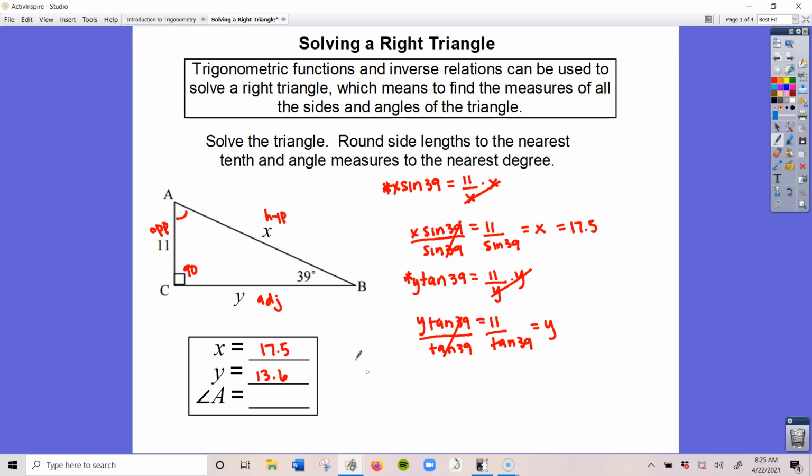So to solve for A, I can add these two together, 90 plus 39 plus the measure of angle A is going to equal 180. 90 plus 39 is 129. So to solve for angle A, I would subtract the 129, which would give me that angle A is a measure of 51 degrees.